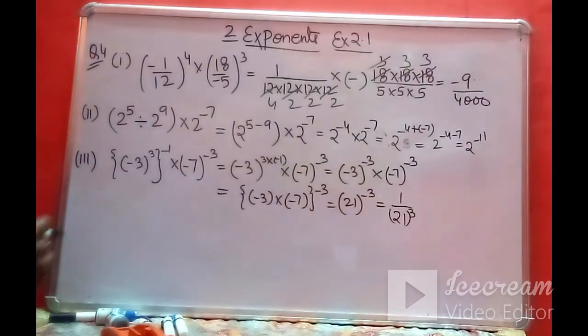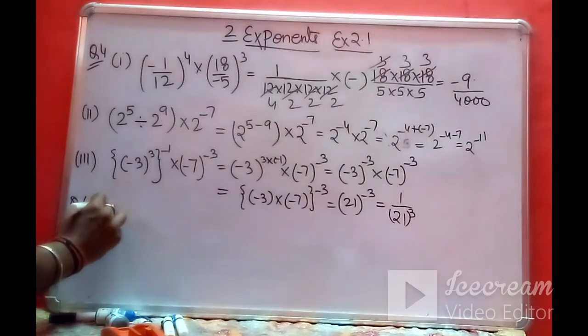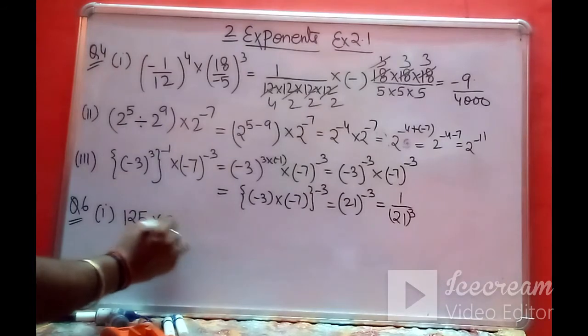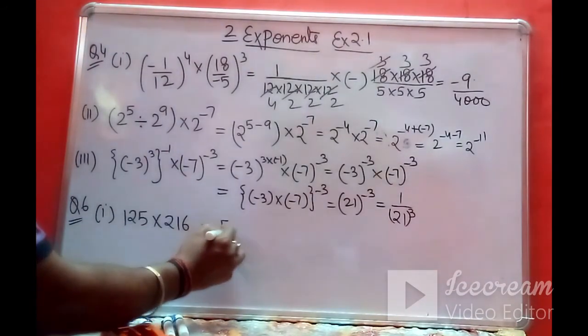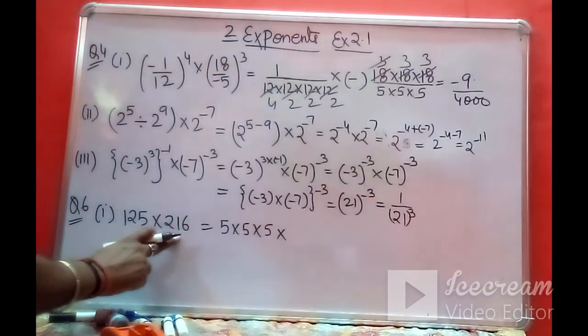Now similarly, in question number 6, we have to express in the form of prime factors. So we can write 125 into 216. Then we write the prime factorization of 125 like this, and the prime factorization of 216.